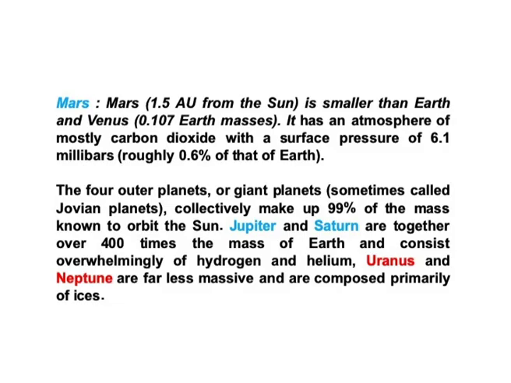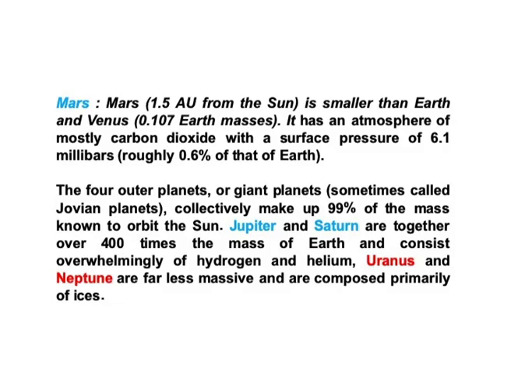It has a very thin atmosphere, mostly carbon dioxide, with a surface pressure of 6.1 millibars, roughly 0.6 percent of Earth's. The remaining 4 outer planets are all called gas giant planets.